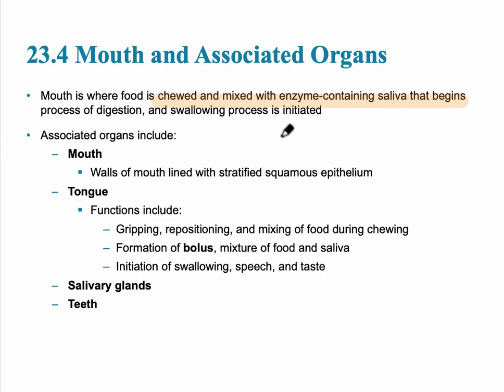So digestion begins there, and the mouth is lined with stratified squamous epithelium, many, many layers. If there's injury to a superficial layer of the epithelium, deeper layers can replace them. Then the tongue: its function is to grip, reposition, and mix the food for chewing. Then salivary glands, and then finally the teeth.